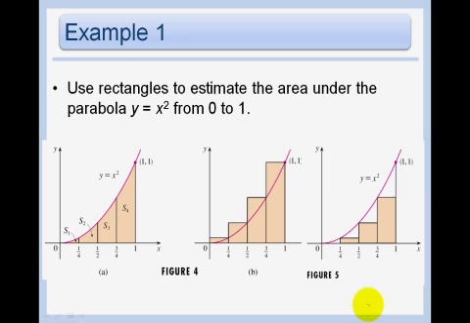In our figure here, what do we know so far? We know that y equals x squared, and we know that we want to find the area between x equals 0 and x equals 1. So basically, if we drew one humongous rectangle here, our area would be 1.